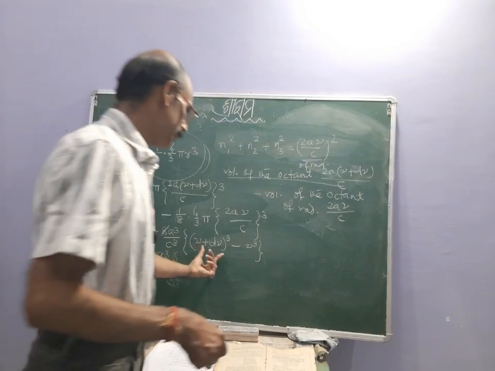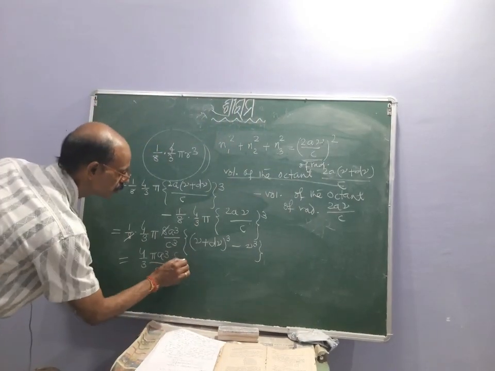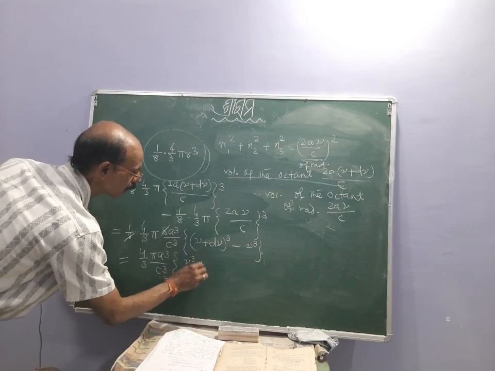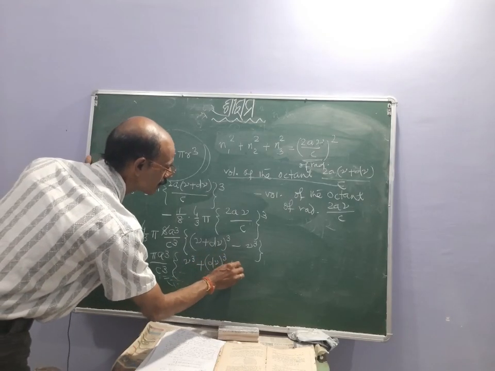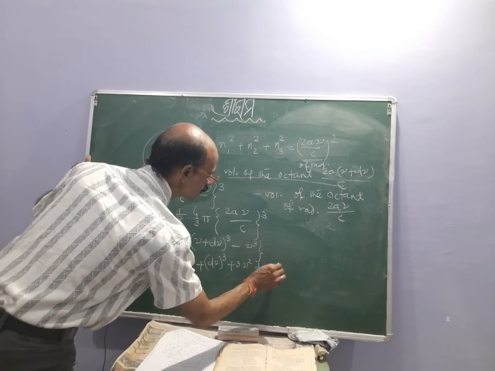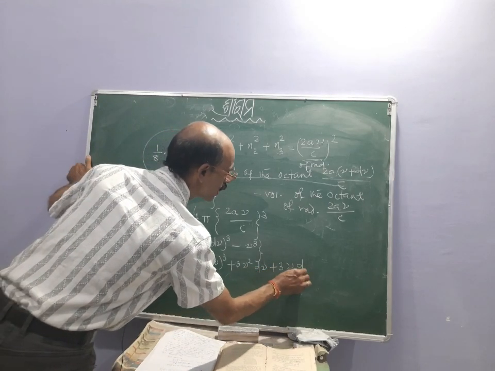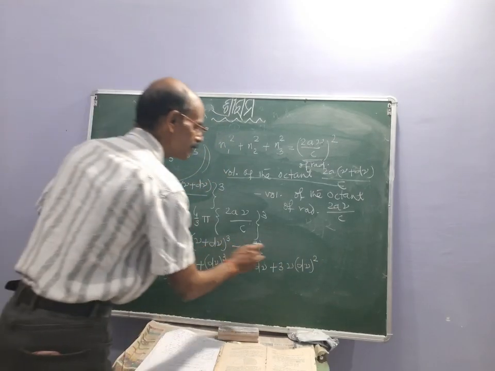Now expand it, a plus b whole cube. This is a cube plus b cube plus 3a square b plus 3ab square. Minus this nu cube.